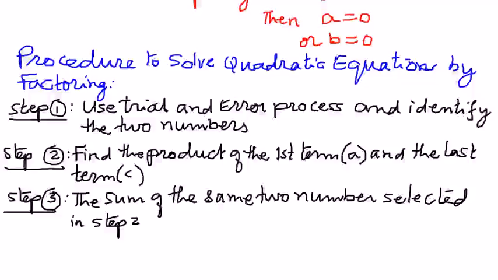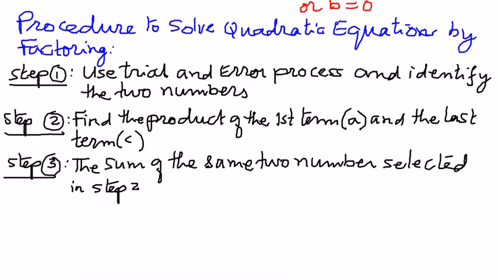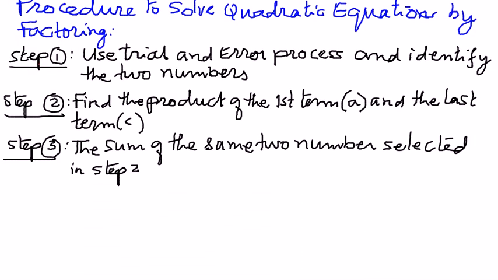Let me now explain the procedure to solve this quadratic equation by factoring. I'm going to explain that by these different steps, and we will see how this works. Okay. The procedure to solve quadratic equations by factoring is as follows. Step number 1. Use trial and error process and identify two numbers.